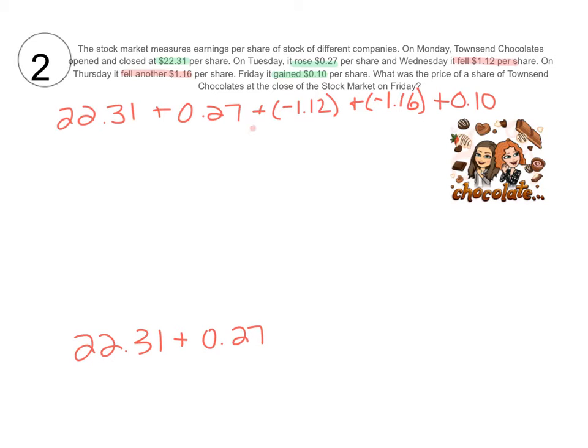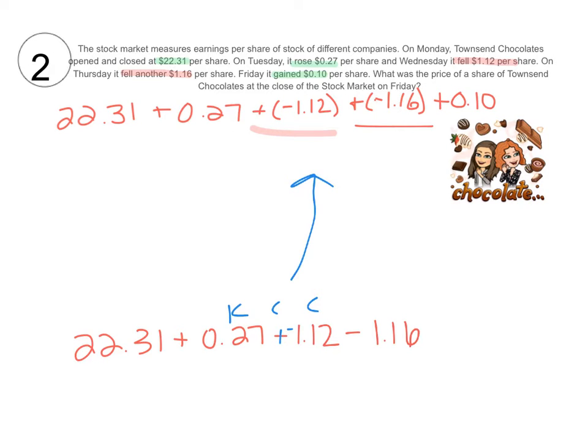Right here where we did plus negative, you could just put minus $1.12, and then you could again do minus $1.16, because when we get to those anyways, we'll do keep, change, which would make this adding a negative regardless. So we just did less work in the long run here.